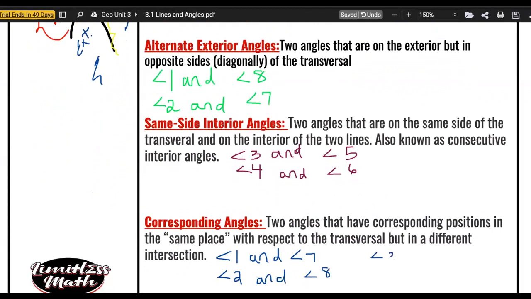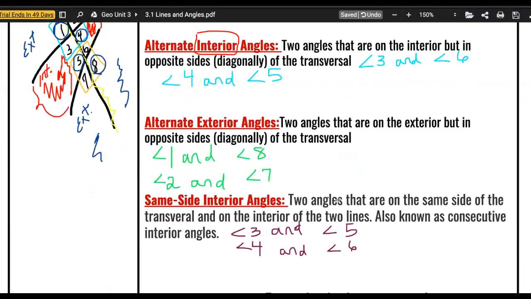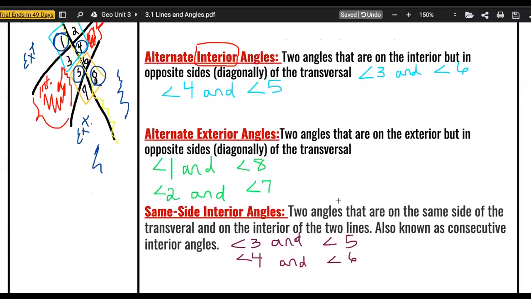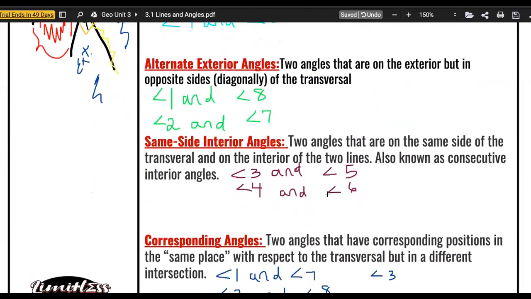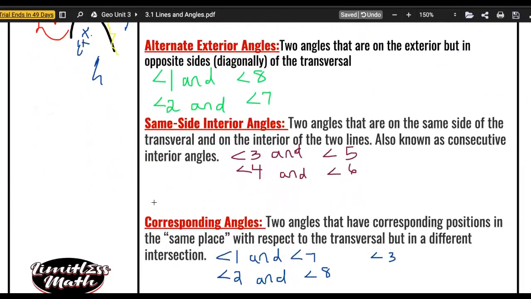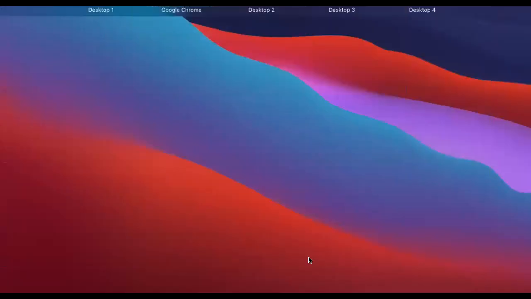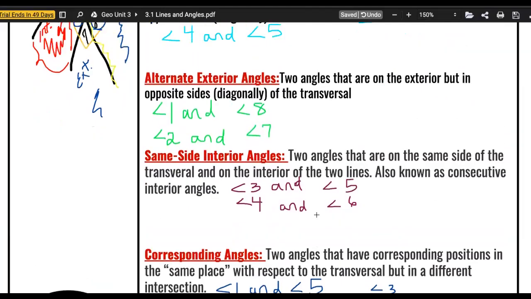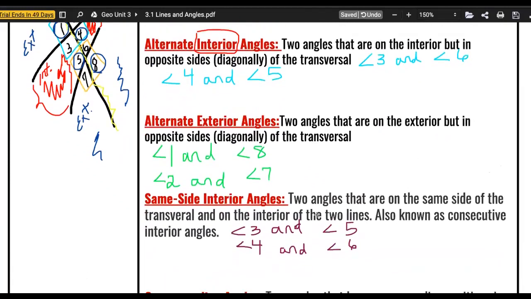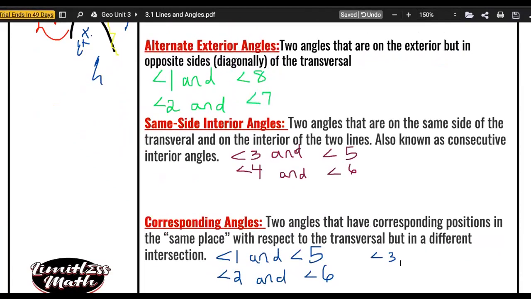I'm sorry, I am not labeling these correctly. It was angle 1 and angle 5 that we have for corresponding. Let me fix that. 1 and 5, 2 and 6, 3 and 7, 4 and 8.